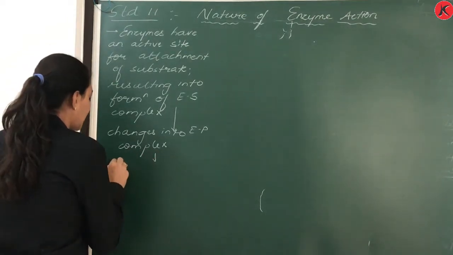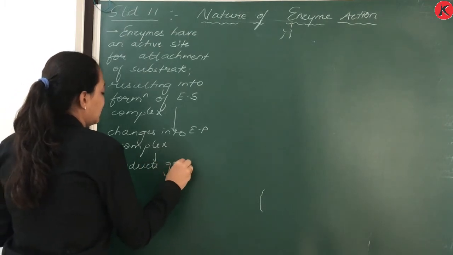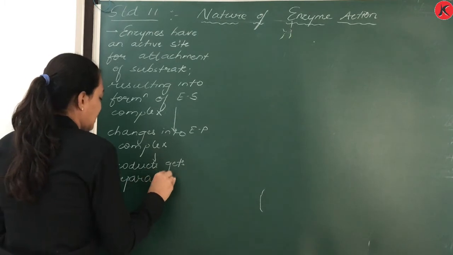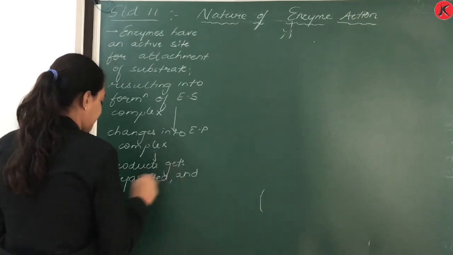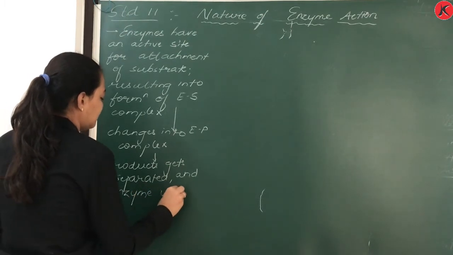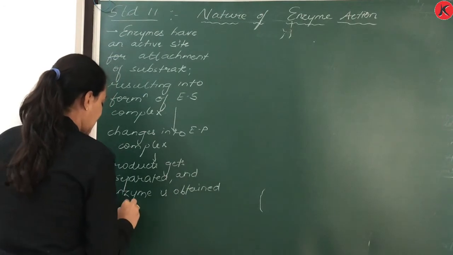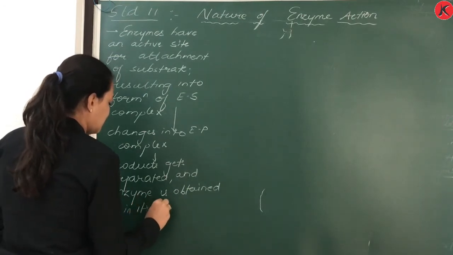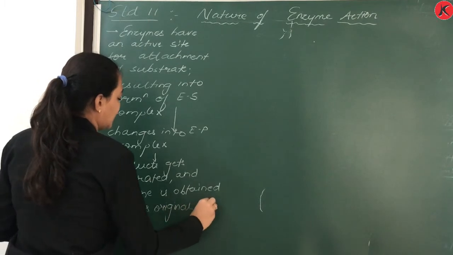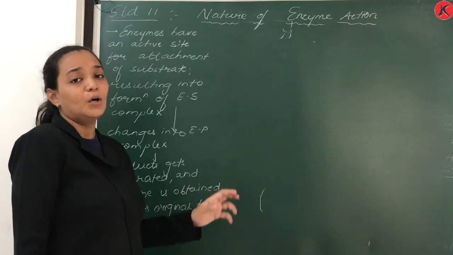So the product gets separated and the enzyme is obtained in its original form. The enzyme will be obtained in its original form.